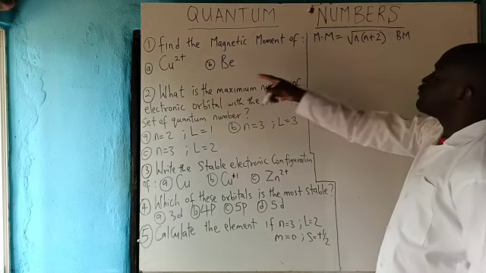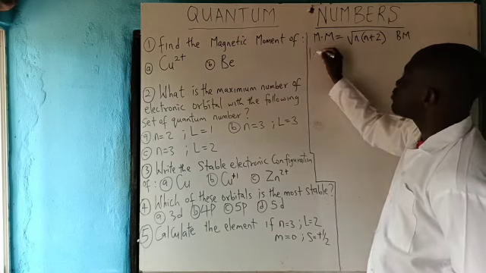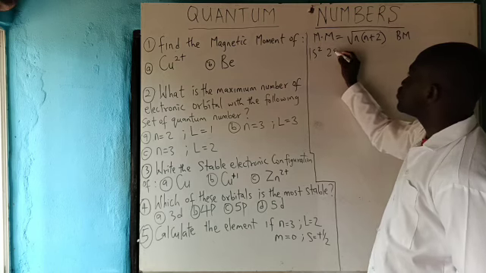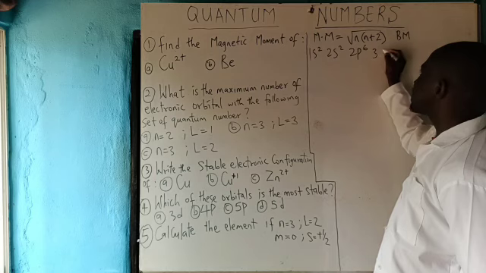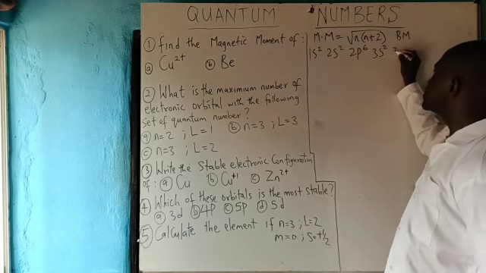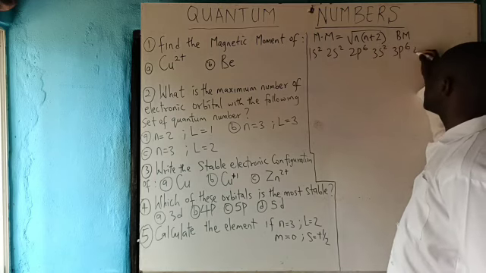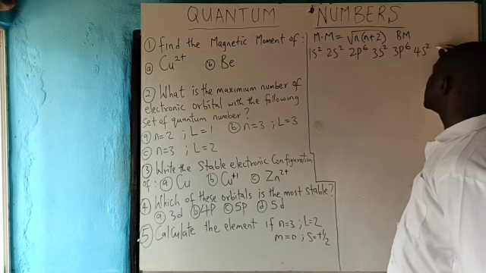Okay. For copper 2 ion, we have 1s2, 2s2, 2p6, 3s2, 3p6, 4s2, 3d9.